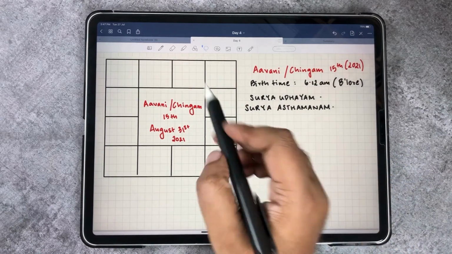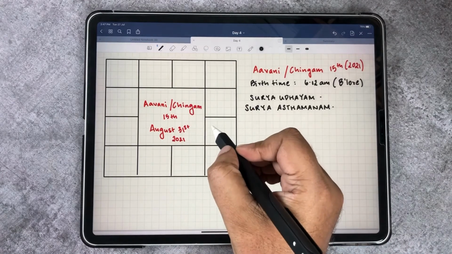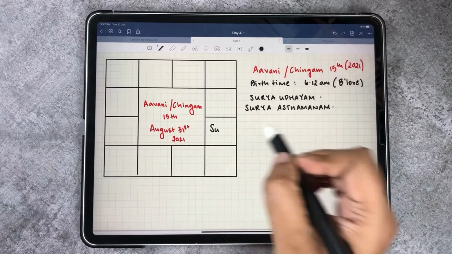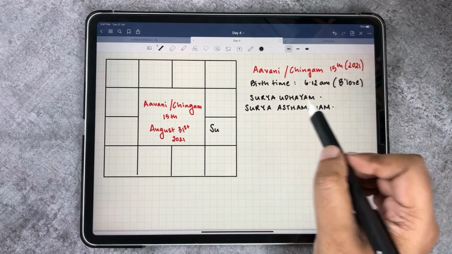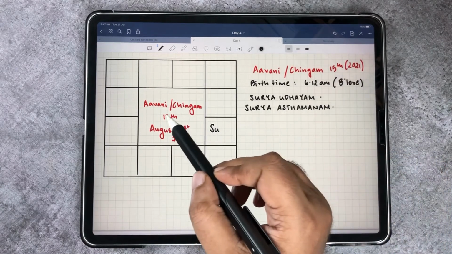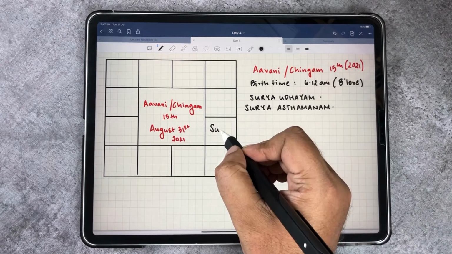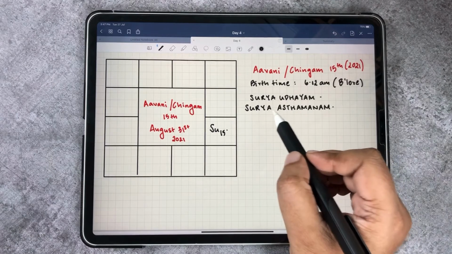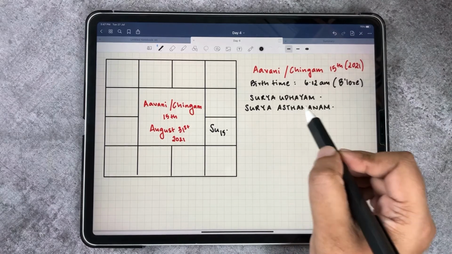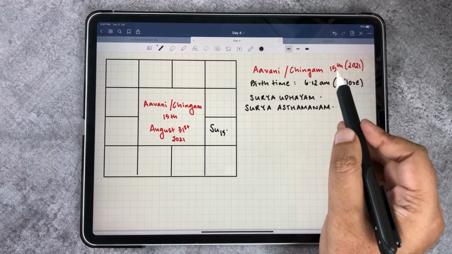The sun would be in Simha Rashi, correct? At what degree would the sun be in? It is Avani or Chingam, the 15th. So the sun would be at a 15 degree. Now we need to find the Surya Udayam and the Surya Astamanam for this date.